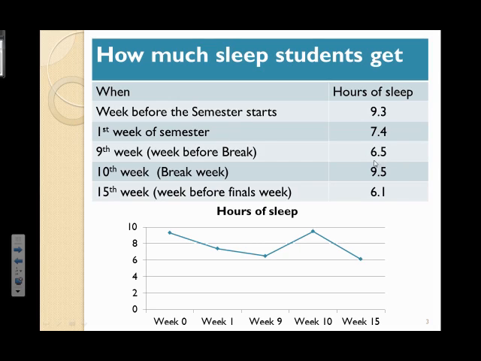Week 9 is 6.5 hours of sleep, and week 1 was 7.4. If we subtract that, we get 0.9. So that's almost an hour less of sleep from the first week to the 9th week. That doesn't mean that it's almost an hour every week until we get there. It's comparing just week 1 and week 9.